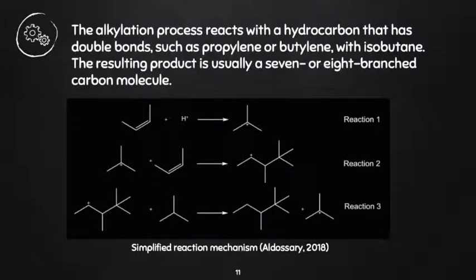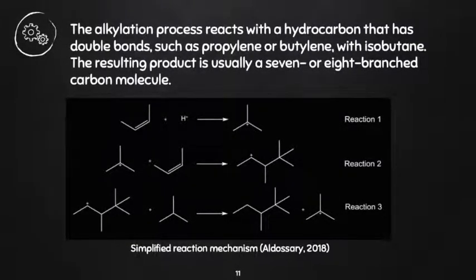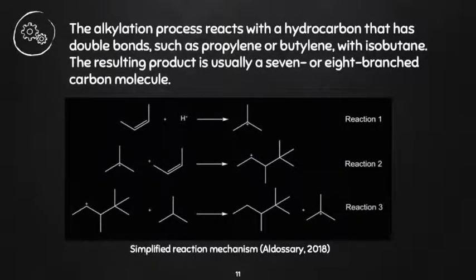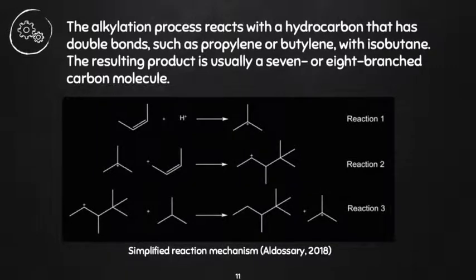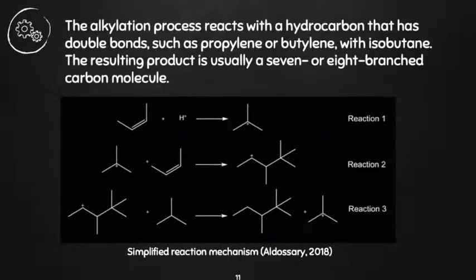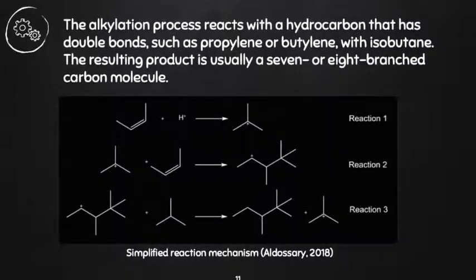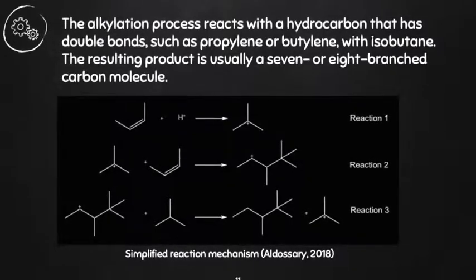Regardless of the acid catalyst used, the alkylation process reacts hydrocarbons that have double bonds, such as propylene and butylene, with isobutane. The resulting product is usually a 7 or 8 branched carbon molecule.